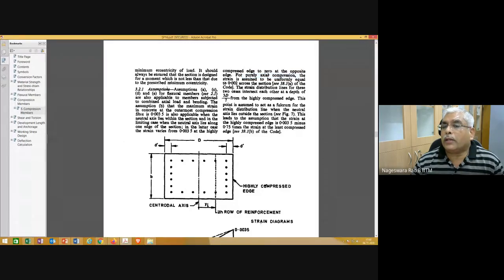For purely axial compression, strain is assumed to be uniformly equal to 0.002 across the cross section. And when there is bending as well as compression, then the strain in the highly compressed edge is 0.0035 minus 0.75 times the strain at the least compressed edge.